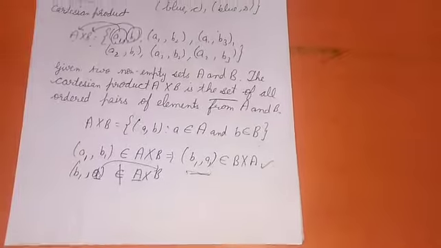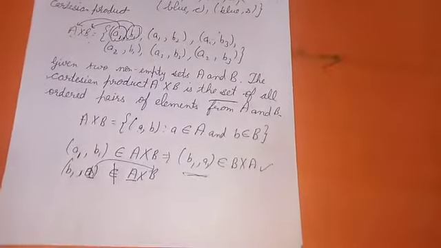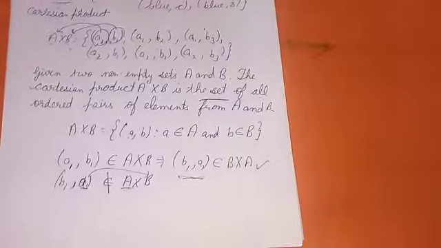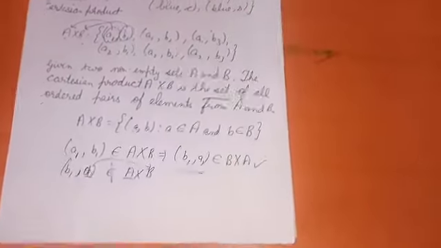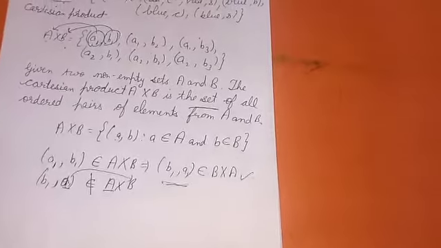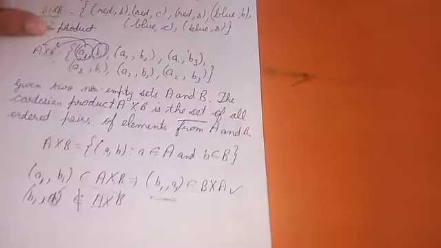Now some important points are given regarding them. Two ordered pairs are equal if and only if the corresponding first elements are equal and the second elements are also equal.